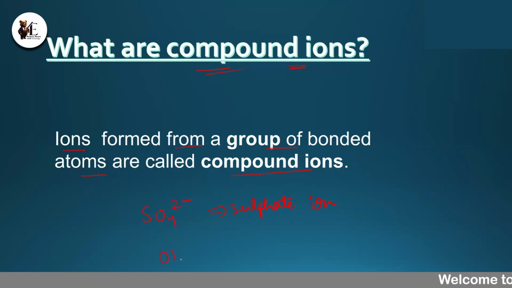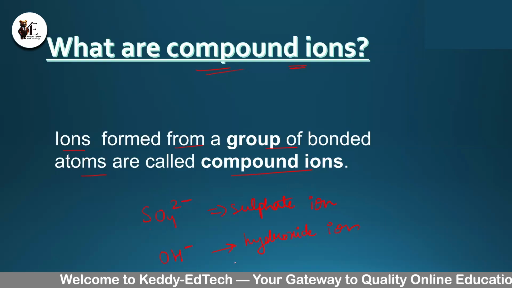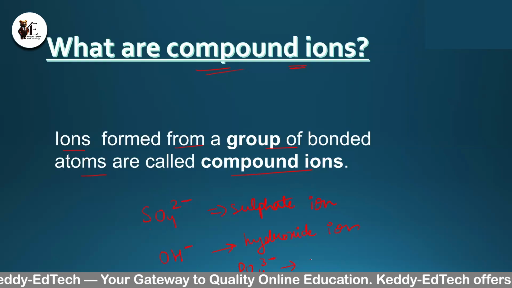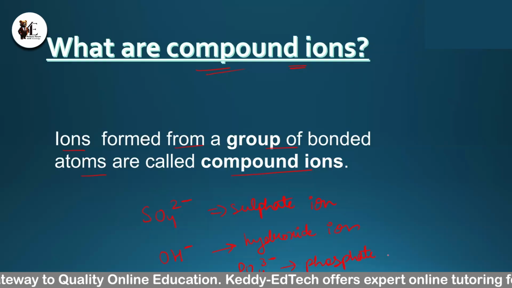If I talk about OH minus ion, it is hydroxide ion. It is also my compound ion because there are now two elements involved in it, oxygen and hydrogen. If I write PO4 3 minus, it is known as phosphate ion. This is also an example of compound ion.